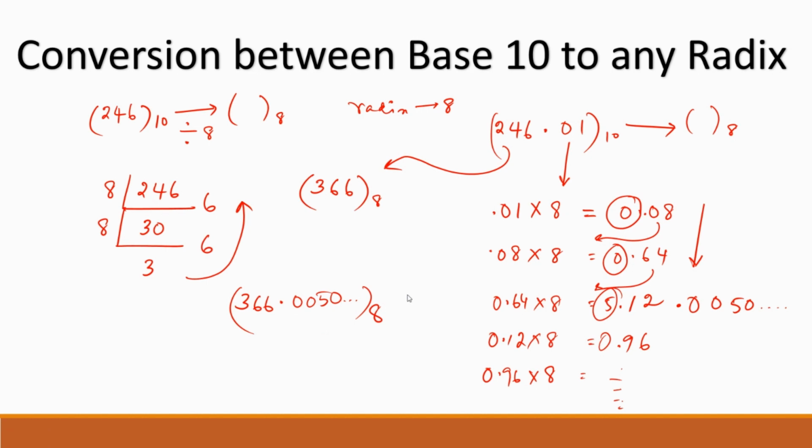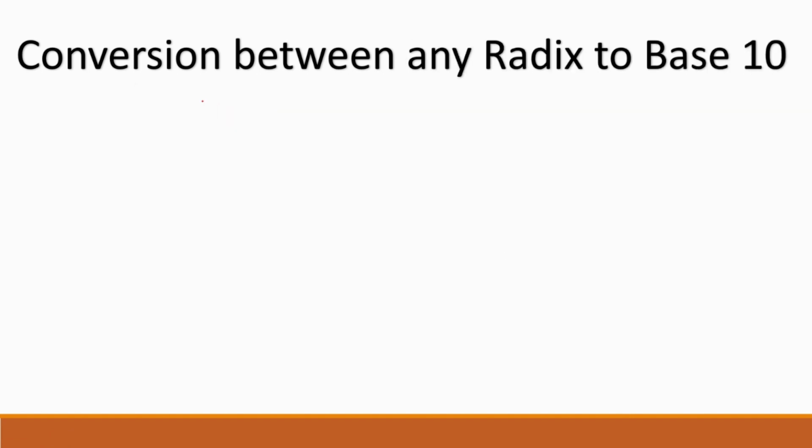Let us now look at the example where I want to convert a number from base 8 to decimal. How do I do that? Let's say my radix 8 number is 366.01 and I want to convert it to radix 10. Here we are going to apply the position of each of these digits.